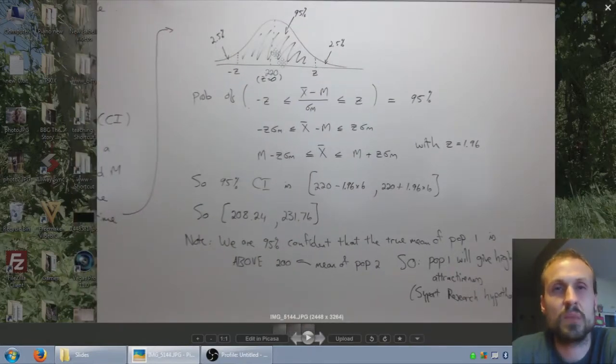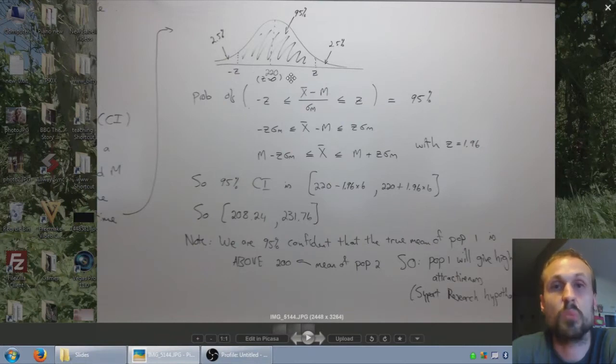Well, if I look at my diagram here, my population 1's mean is now essentially estimated by the sample mean. And I want to construct an interval around it, find 2 points, one to the left and one to the right, so that 95% of the possible values that I'll get fall between these two values.